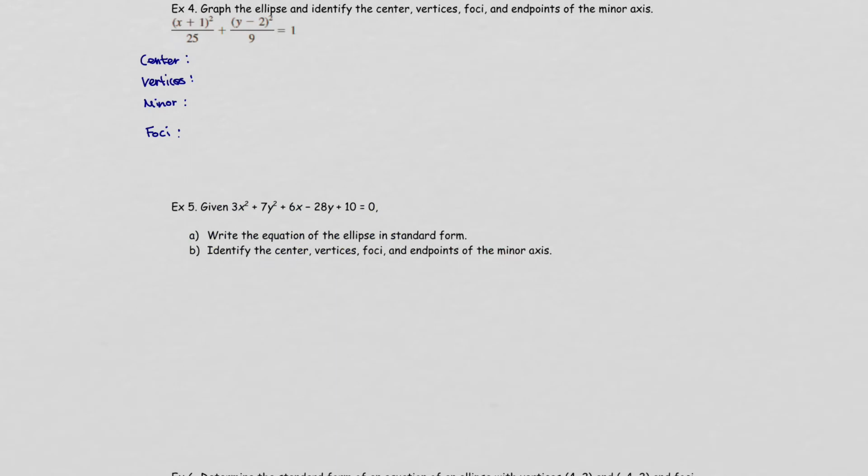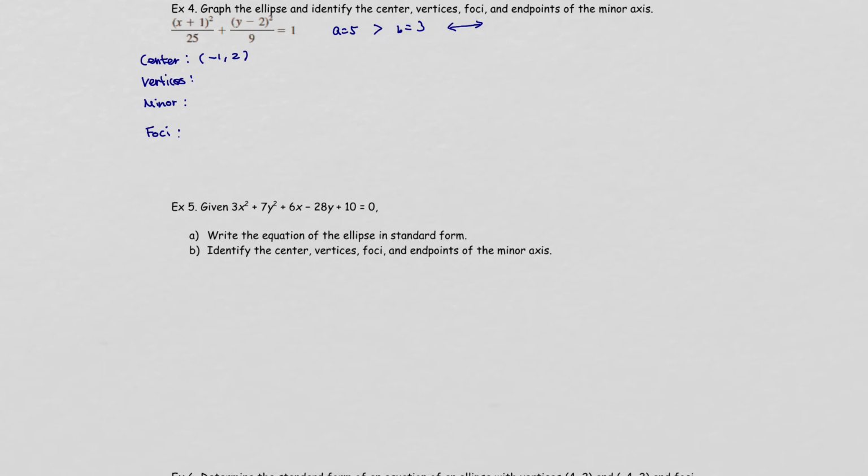Let's try one more. This one right here, your center is going to be from here. So that gives you -1 and 2. Your A and B are there. Before you square it, your A is 5 and B is 3, and your A is bigger. So this time you're going to see a horizontal ellipse. So the X value is the one that's going to change, right?